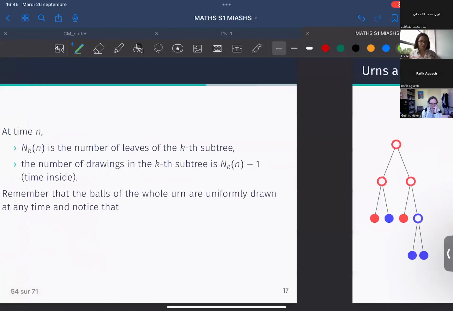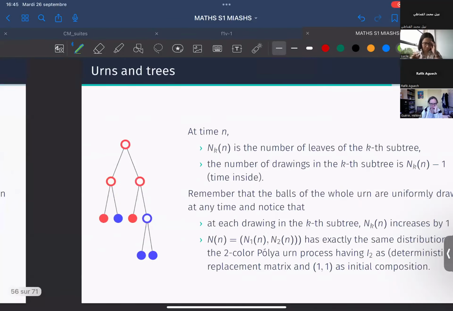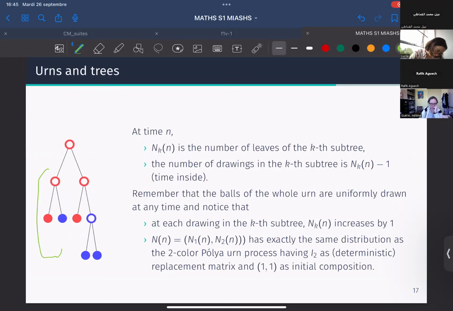Okay, so this is the type 1 and this is the type 2.